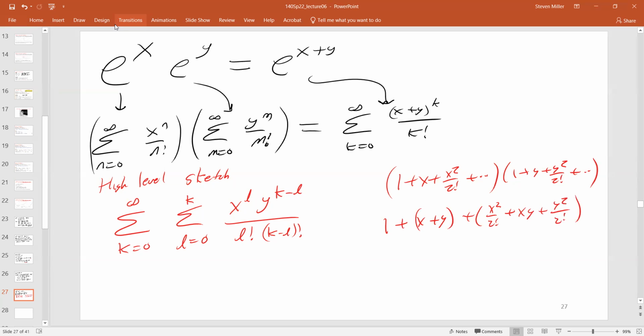Then I would have the cubic terms. I would have x cubed over 3 factorial. And then I would have an x squared times y over 2 factorial 1 factorial. And I would have an x y squared over 1 factorial 2 factorial. And then I would have a y cubed over 3 factorial. And then I would have the fourth power terms. And so I'm just collecting things.